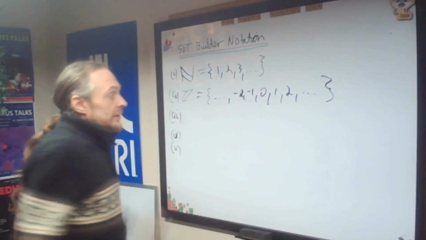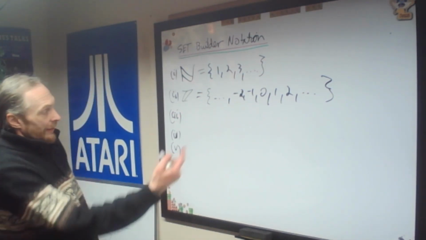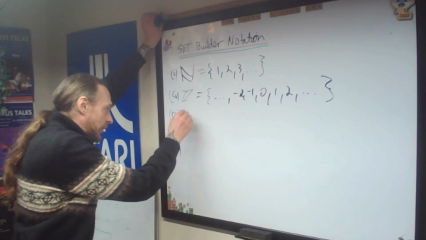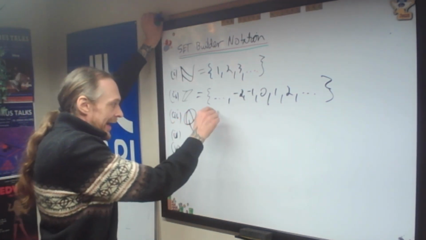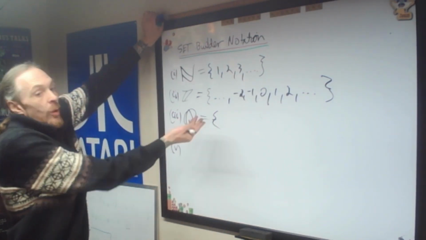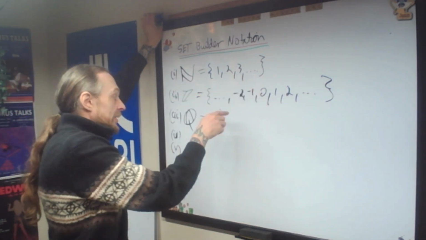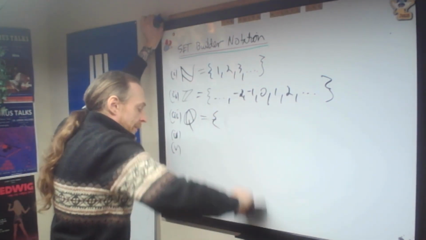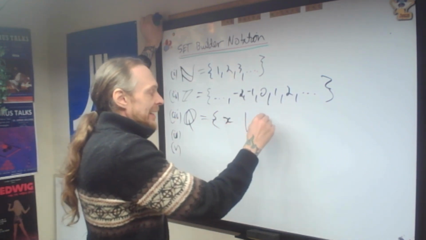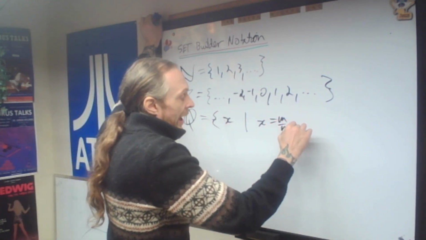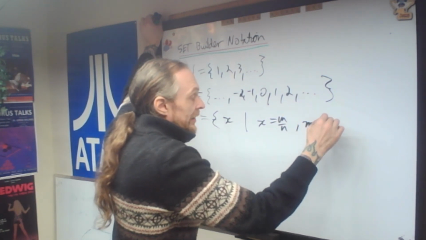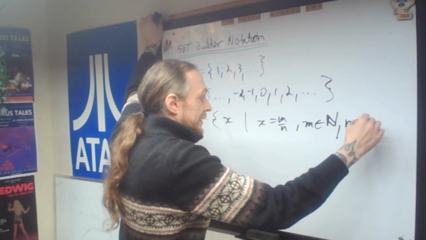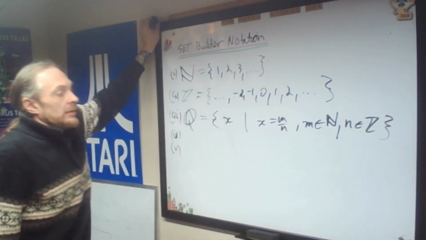But I use the ellipsis, or you can write eventually, so I don't really need the set builder notation yet, but the next one's going to give me where I want it. Q is going to be, now it should become useful, because what's it going to be? Quotients of integers. So what we're going to do is we're going to say that Q is x such that x equals m over n, and m is in Z, n is in Z. So what does that say?